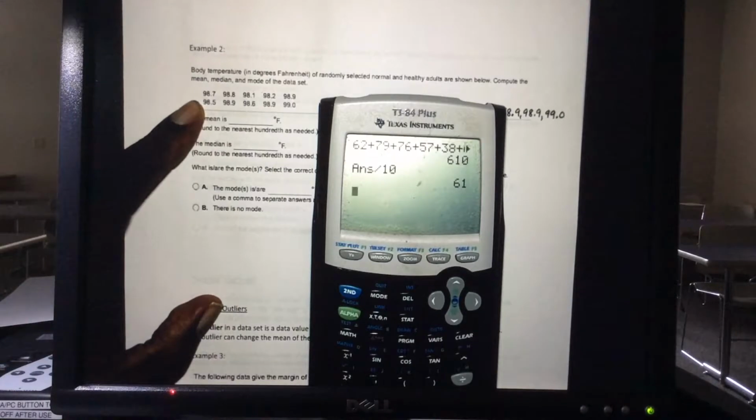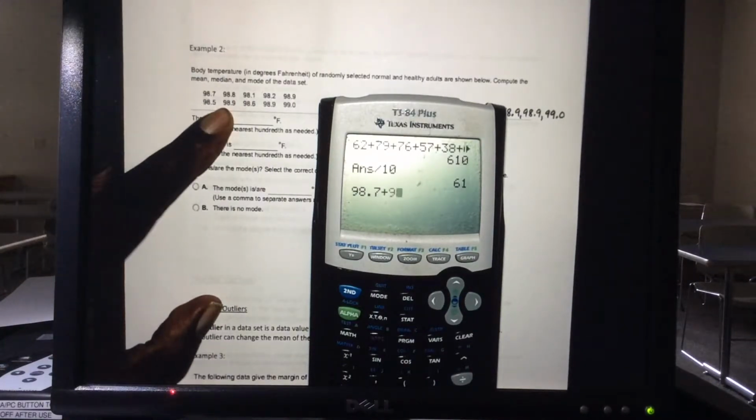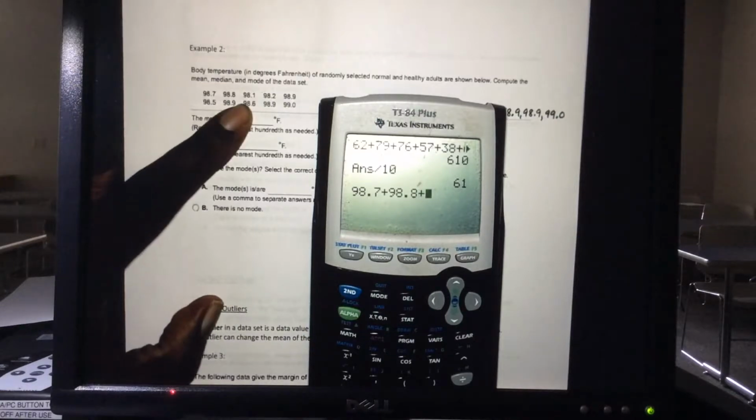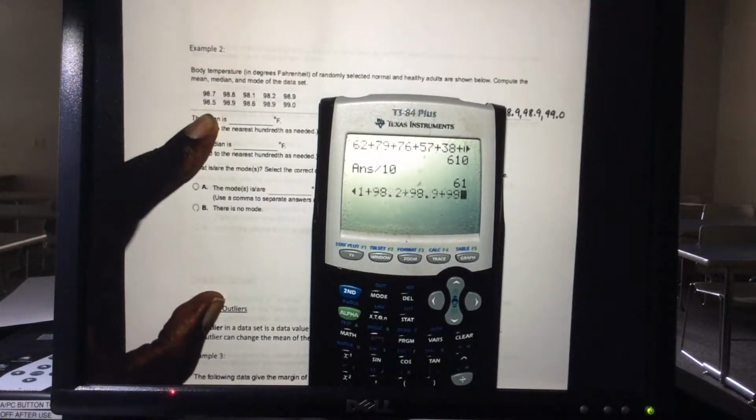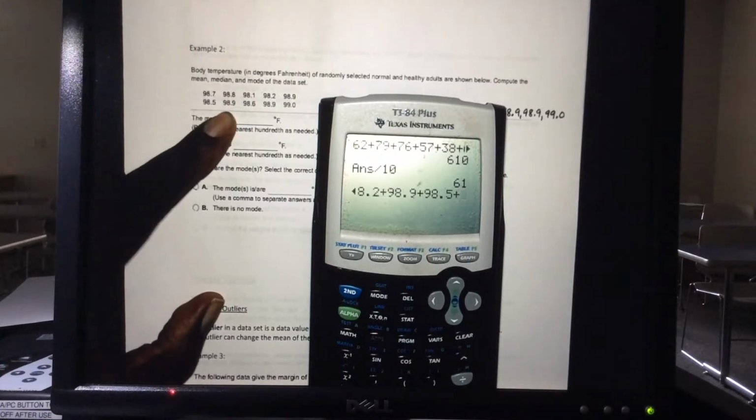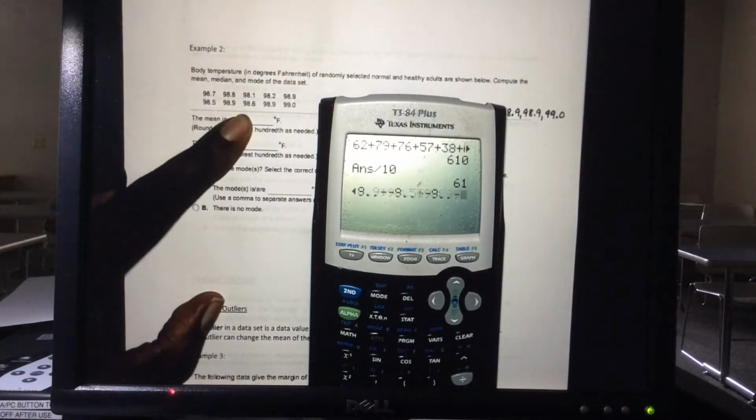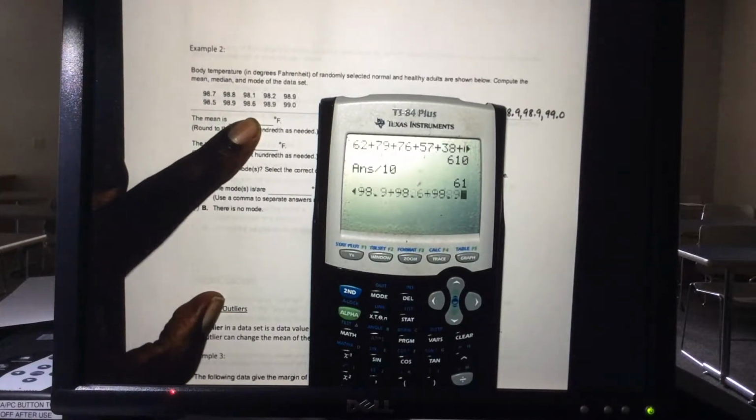So here if I add 98.7 plus 98.8 plus 98.1 plus 98.2 plus 98.9 plus 98.5 plus 98.9 plus 98.6 plus 98.9 plus 99.0.